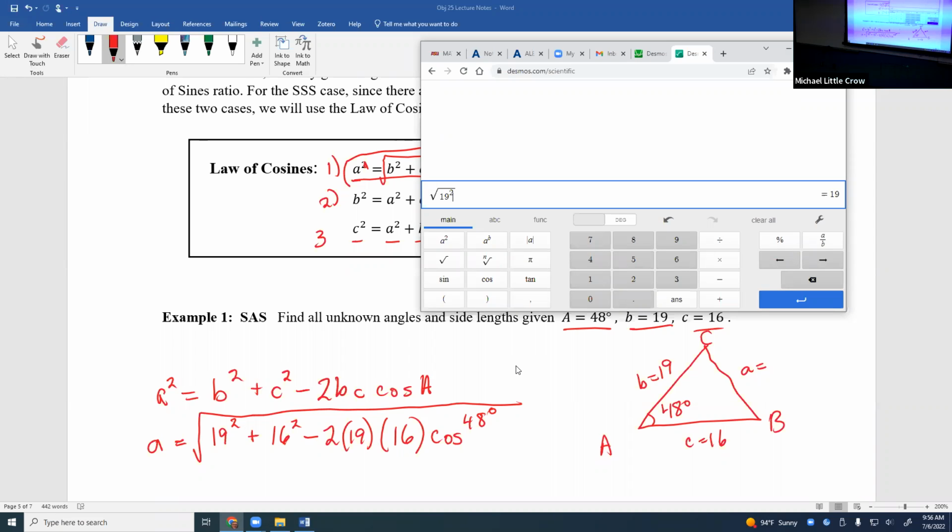Got to make sure I'm still inside the square root. 16 squared minus 2 times 19 times 16 times the cosine of 48 degrees. And again, make sure you're in degrees. After doing all of that, we get our answer: 14.5, rounded to 1 decimal place.